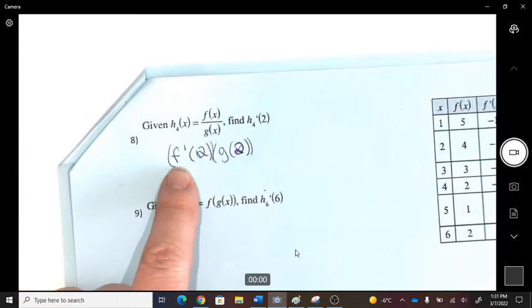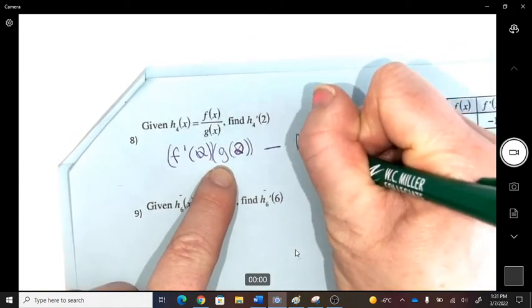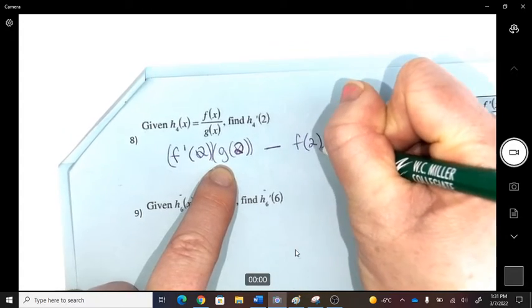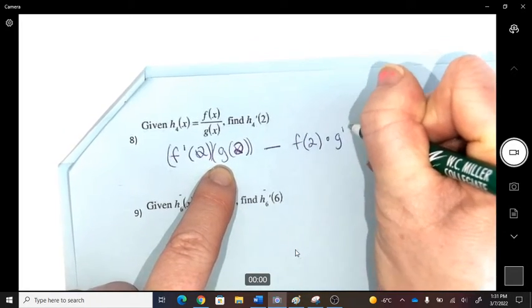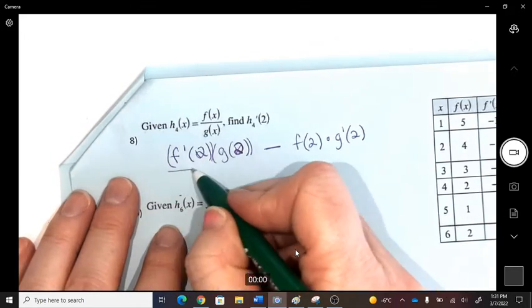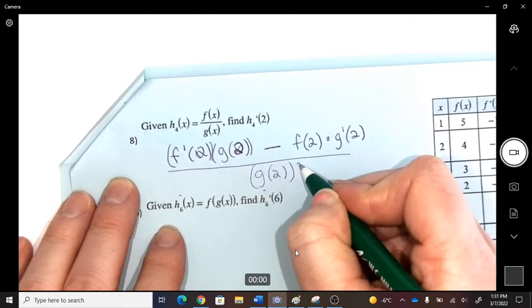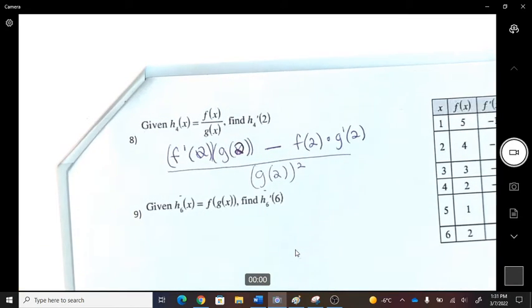So the f prime times normal g, subtract normal f times g prime all over normal g squared. Okay, so that's the rule. Now you have to follow everything on the chart here.